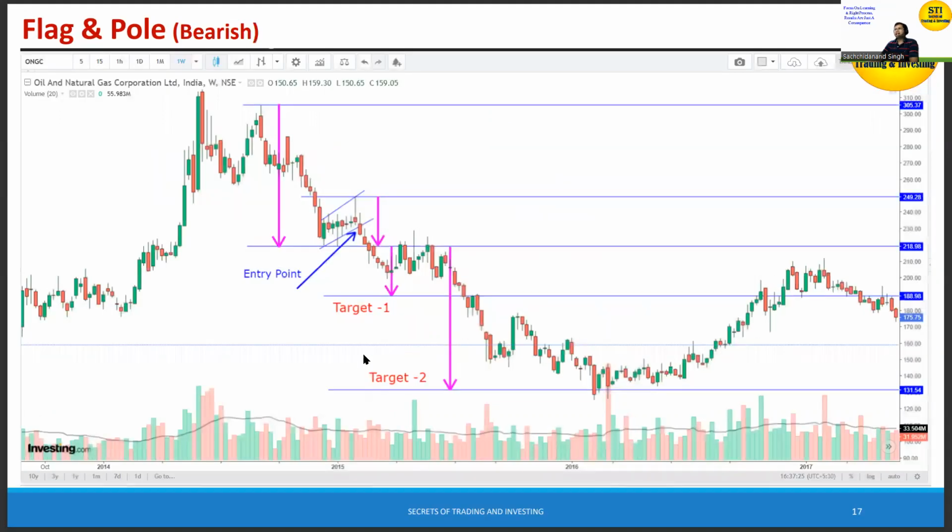Similarly, there's another example of continuation in the bearish market. That means in a downward trending market. So if you look at this ONGC example, the stock price started falling, maybe for this price point, and after coming to this price point, it took a resistance, and it started a kind of side move.